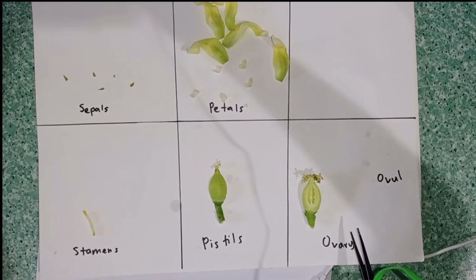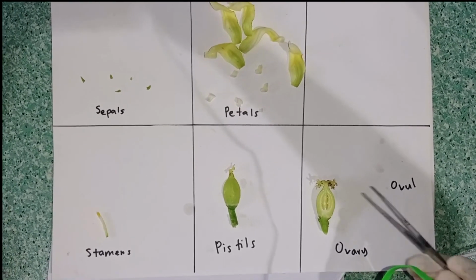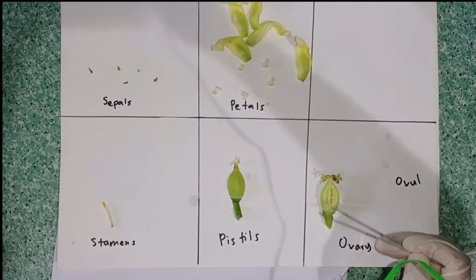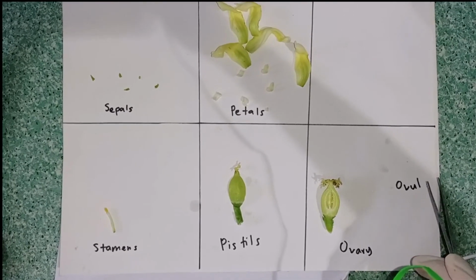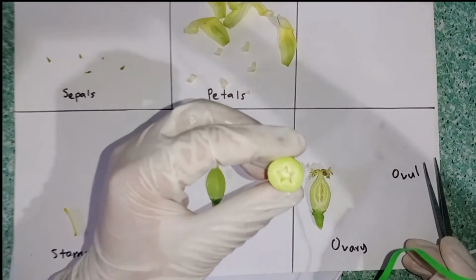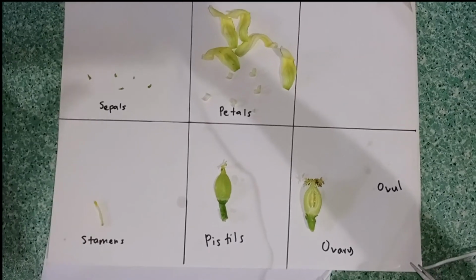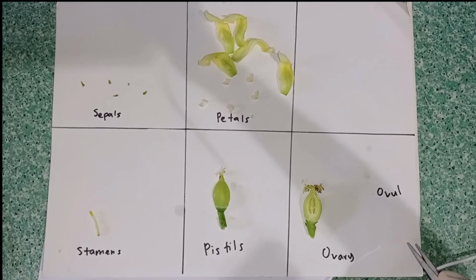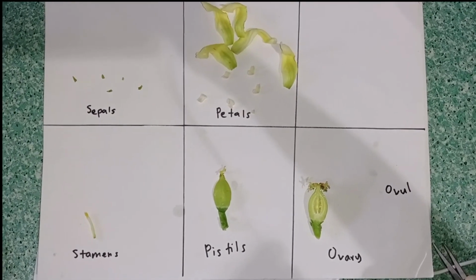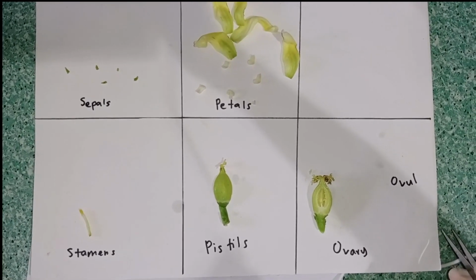After we dissect the ovary, we can see the ovule and the locule, and also the transverse section of the ovary. So hopefully you can do it, and you can gain knowledge to understand more about the development of seed, embryo, and fruits after this activity.